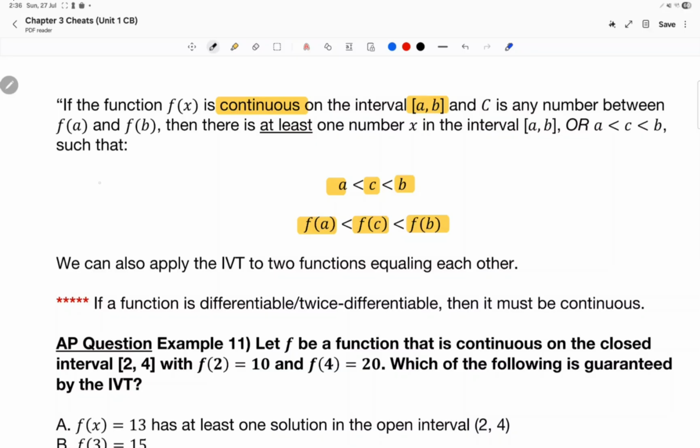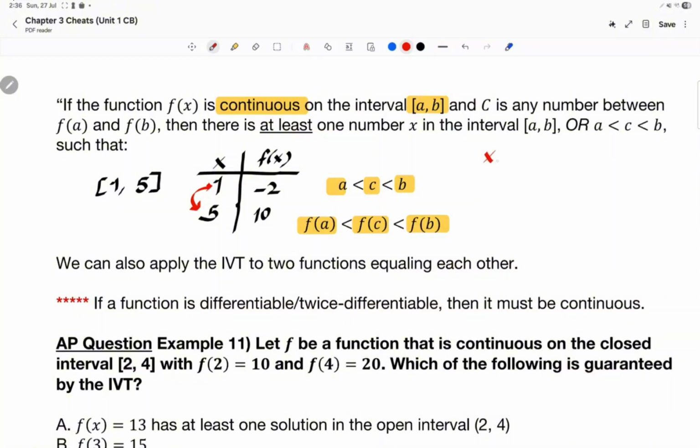For example, let's say my function is from 1 to 5. Okay, and let's say that when x is 1, my f of x is negative 2. When x is 5, my function is 10. Pick a number between 1 and 5. 3.